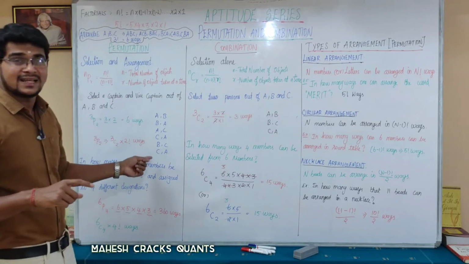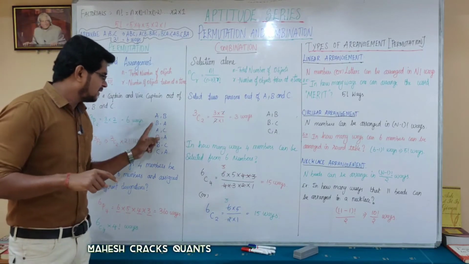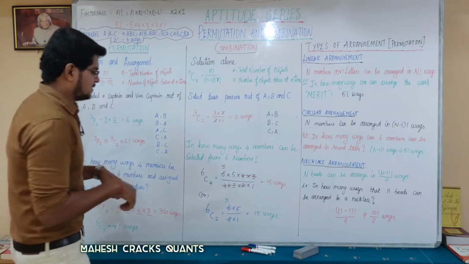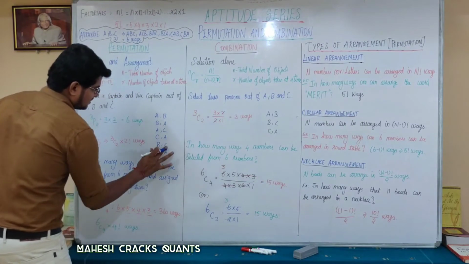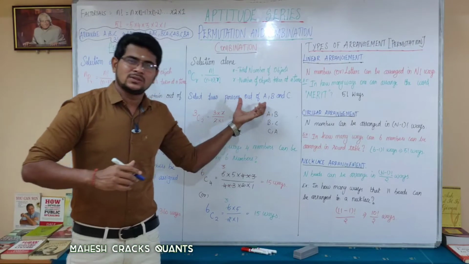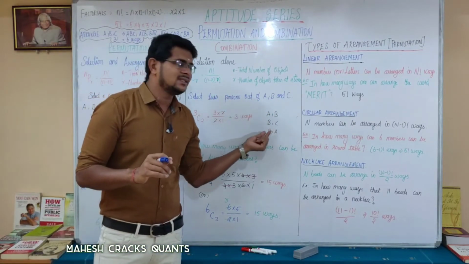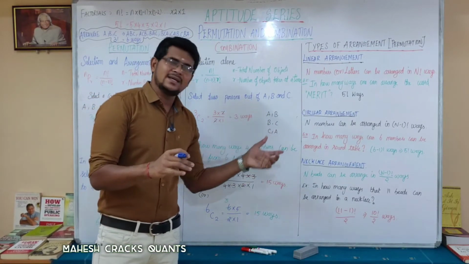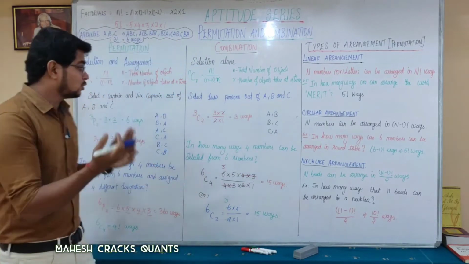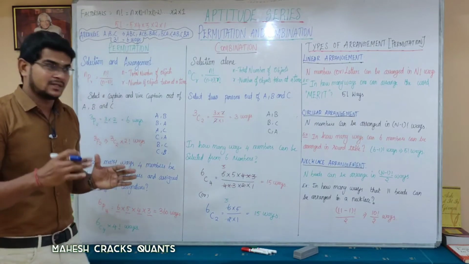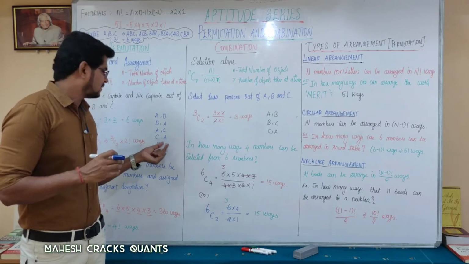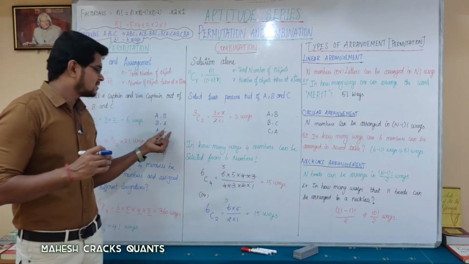So for selection and arrangement, you will have AB and BA, AC and CA, BC and CB. Done. When it comes to selection alone, AB, BC, CA. That's it. CA and AC are both the same when it comes to selection, but both are different when it comes to arrangement, because CA is C captain and A vice captain, and AC means A captain, C vice captain.